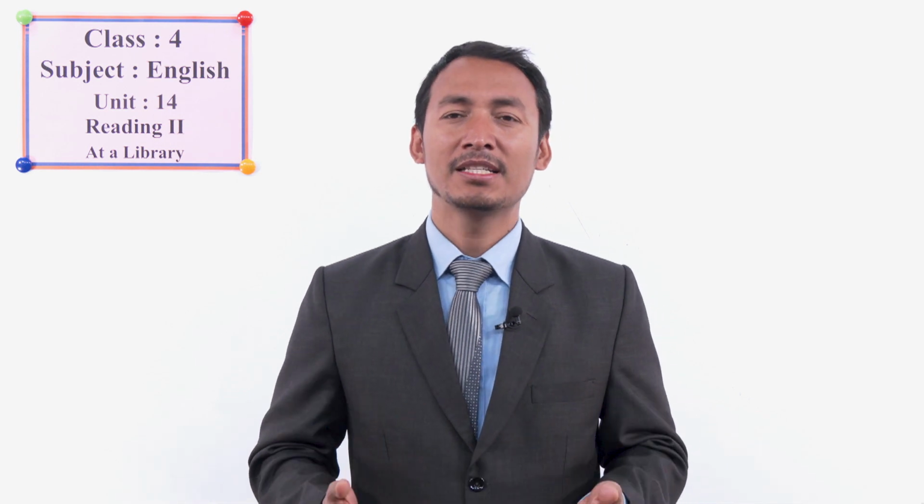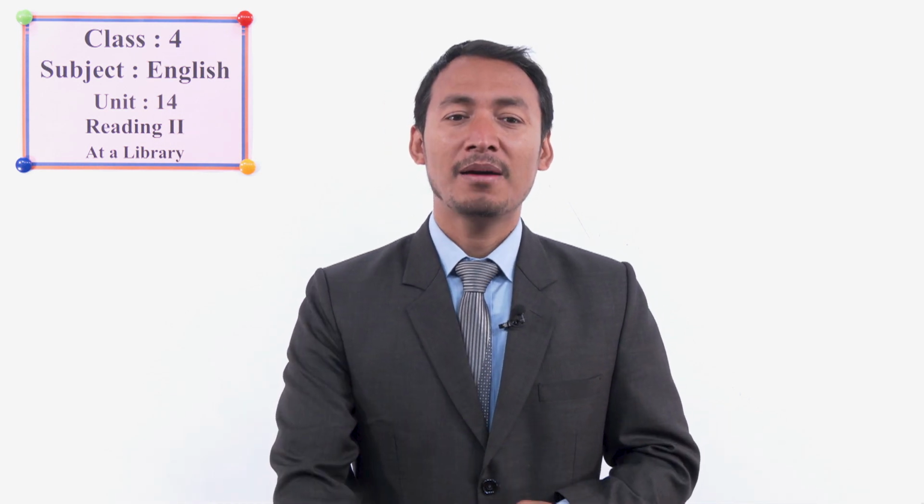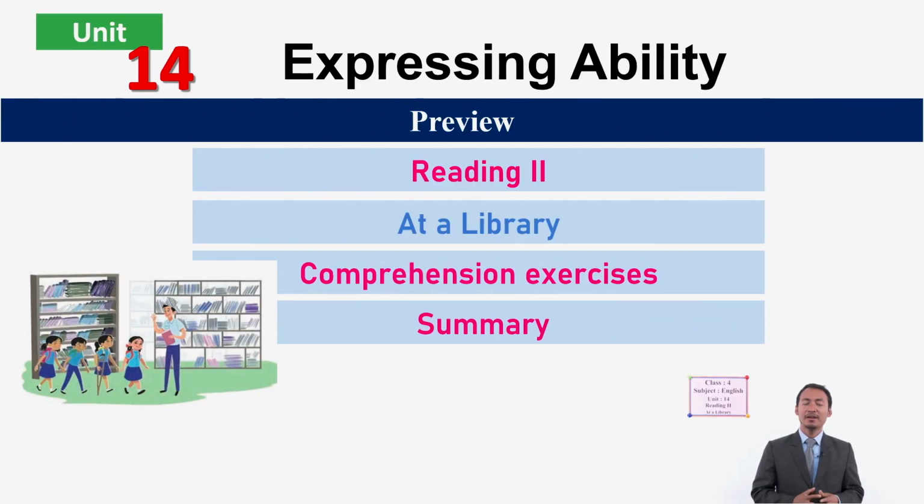So students, in today's lesson 2, we have a reading exercise. In this exercise, we are also going to ask about abilities or possibilities for doing something. Let's have a look at the first page of our reading section. Here, we are going to read a text that is at our library.